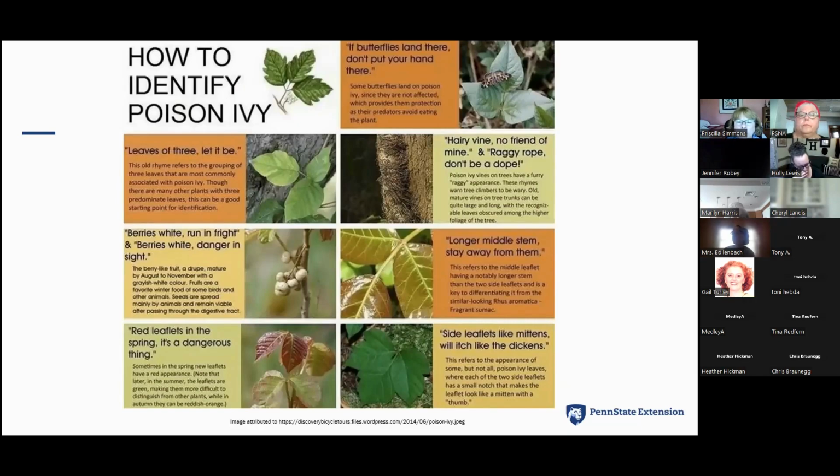I like this little graphic, and I'm going to just read through it and comment on some of these adages, which might be useful in helping you to remember poison ivy. I think you all know leaves of 3, let it be. It's an old rhyme referring to the grouping of these 3 leaves. There are other seedlings with 3 leaves, and I've learned how to examine them closely so I know if it's poison ivy or not.